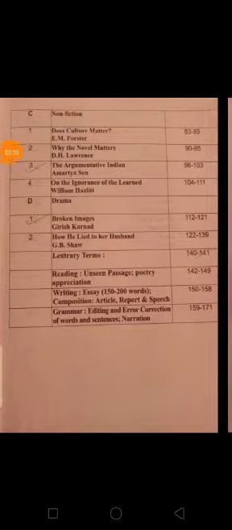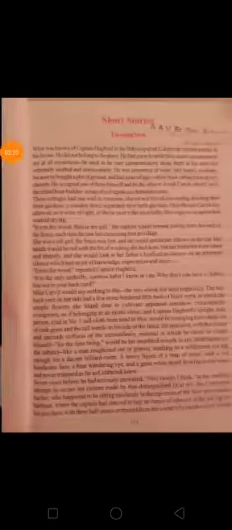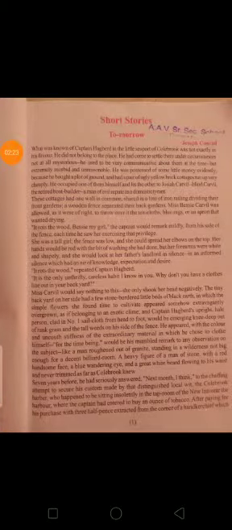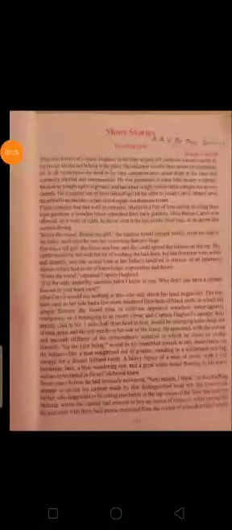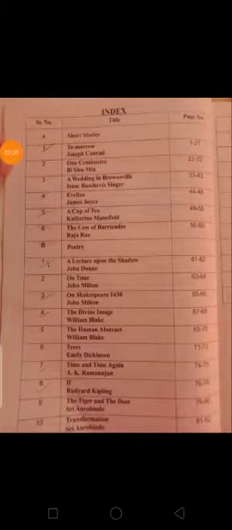So students, in today's class I will share this chapter summary with you. We are supposed to read short stories tomorrow from the first section. Tomorrow by Joseph Conrad is the first chapter, the beginning of your book, short stories.